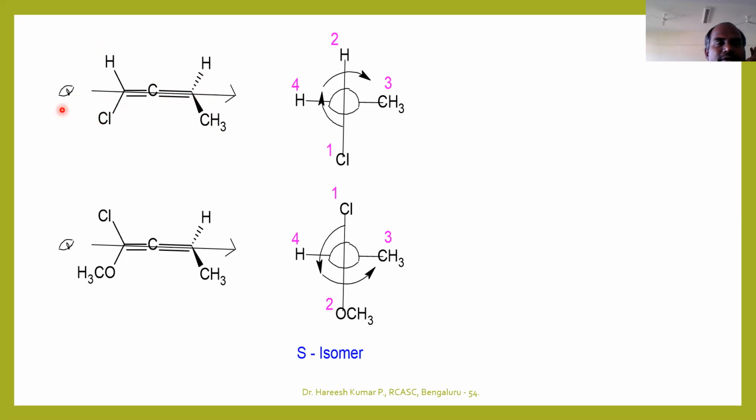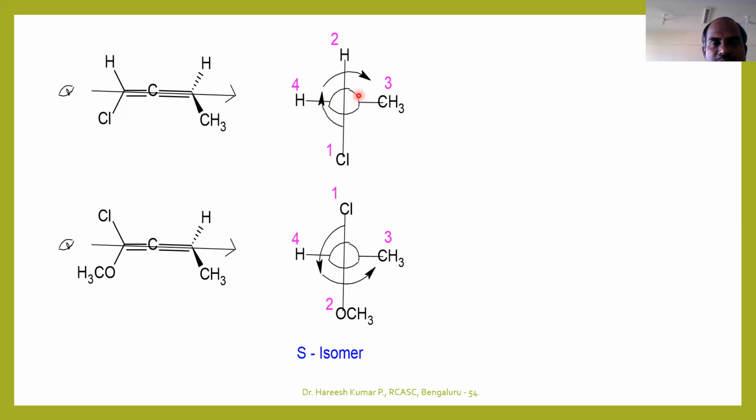How can you assign? You can convert this moiety into this. How can you convert? I will tell you. As I said, this is the vertical one, and these groups are nearer groups, and these nearer groups take the priority compared to the far groups. So you can write like this.